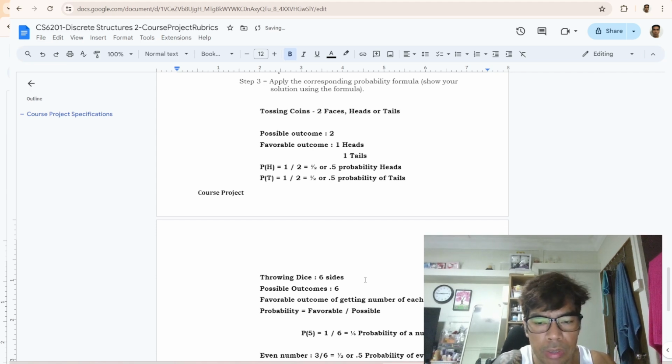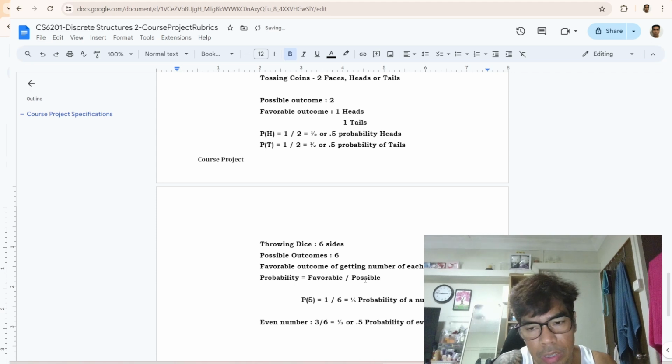Same with the odd number: three faces have an odd number, so it will be 0.5 probability of an odd number.